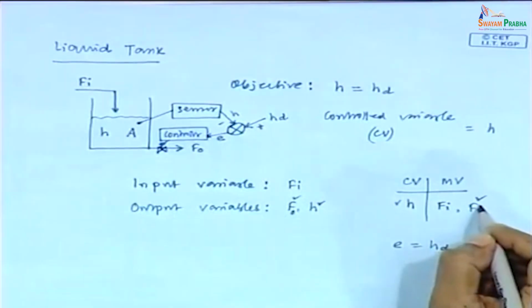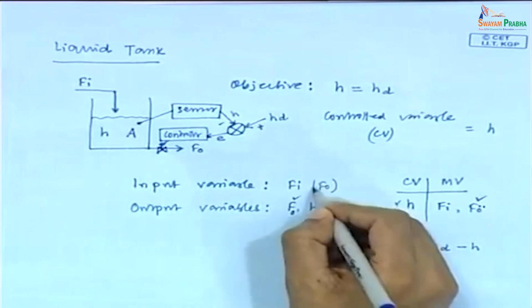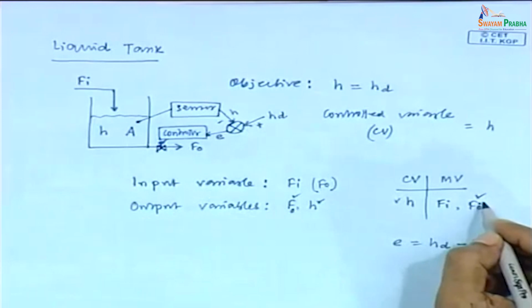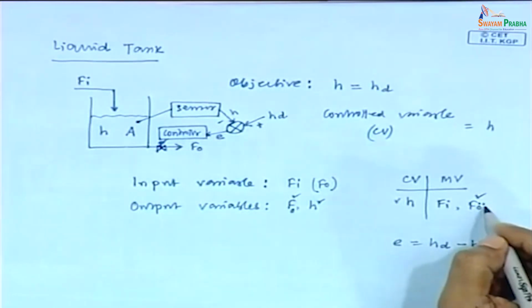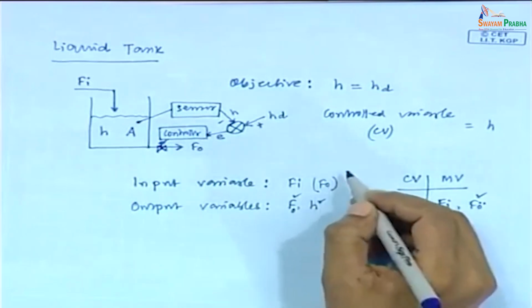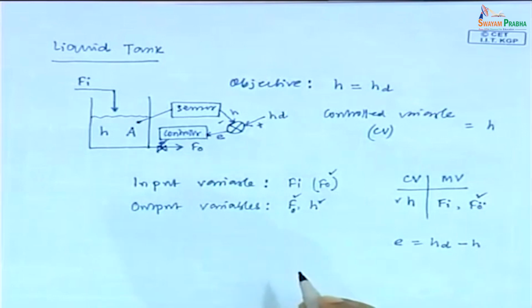So, if we consider F naught as the manipulated variable, then F naught is an input variable, not an output variable, because manipulated variable is one type of input variable.